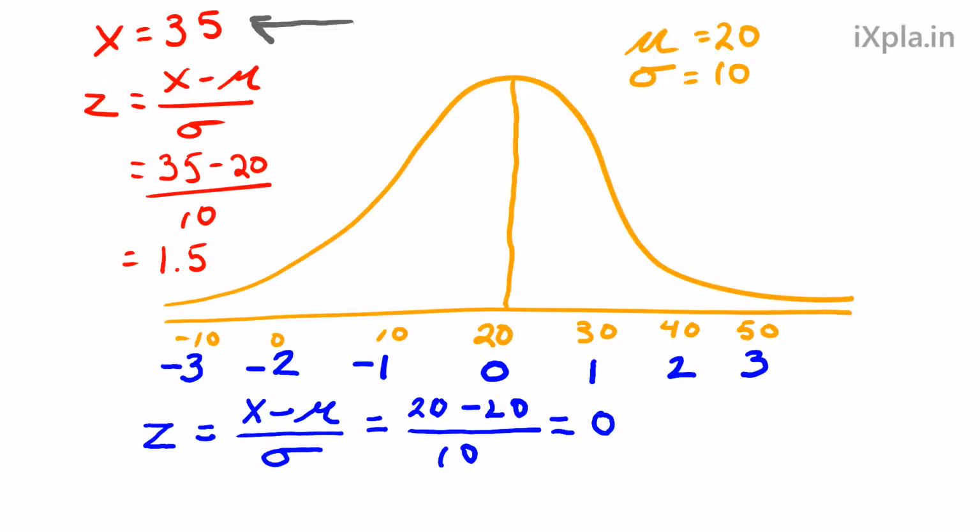Well, 35 on the raw score number line is located here, right? That's where 35 is. And so it makes sense that 1.5 in z-score language is going to be right underneath that, right in between a z-score of 1 and 2, just like 35 is right between the raw scores of 30 and 40.